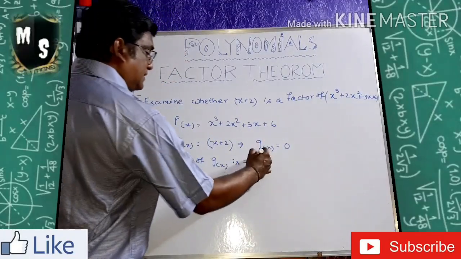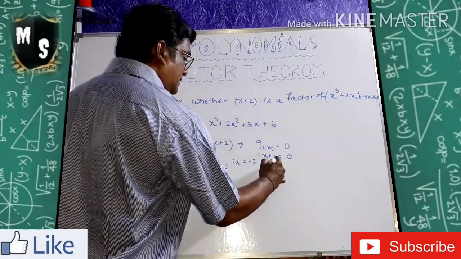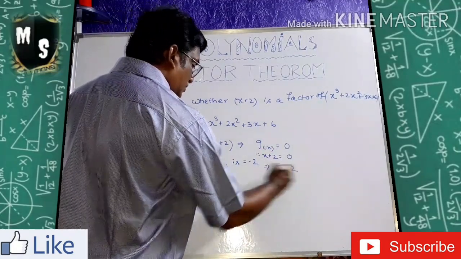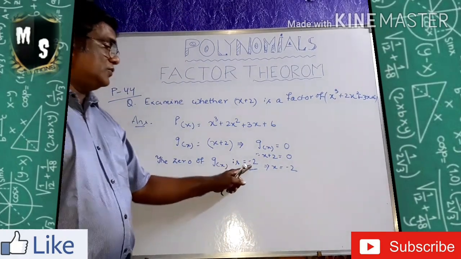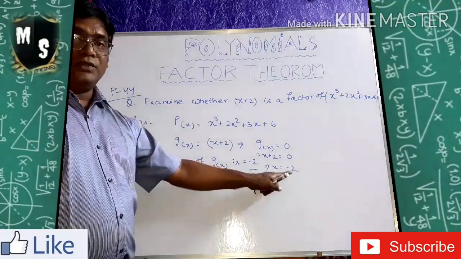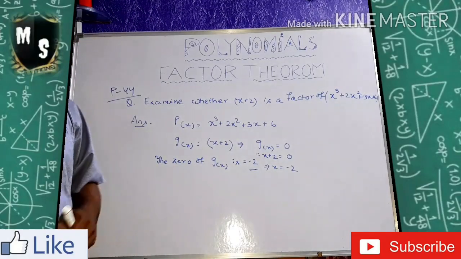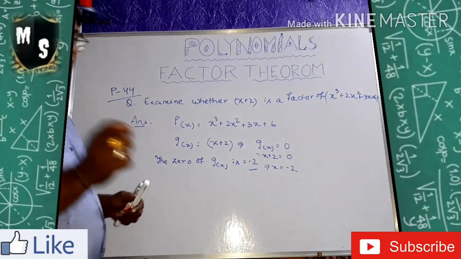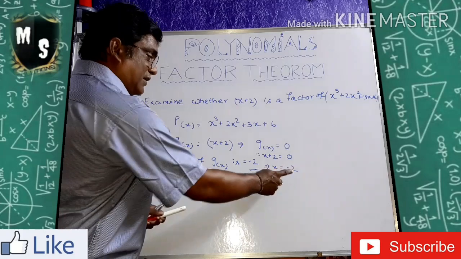That means x plus 2 is equal to 0, which implies x is equal to minus 2. How did this minus 2 come? Now you got it. The zero is minus 2. So at this value, this whole polynomial should be equal to 0. So now we have to check whether it is coming 0. This is the a. The a can be any real number.